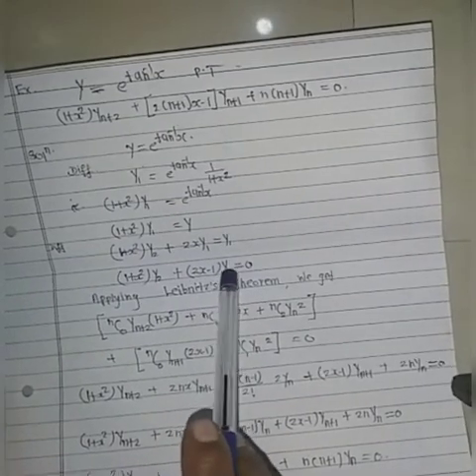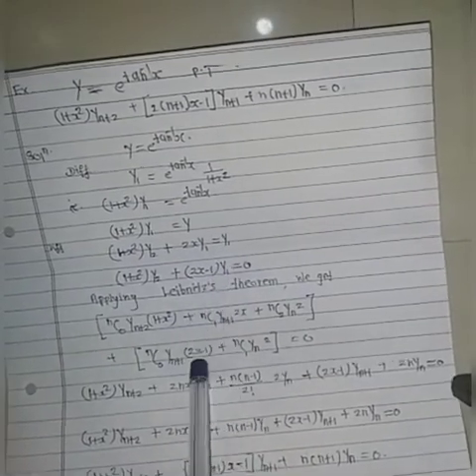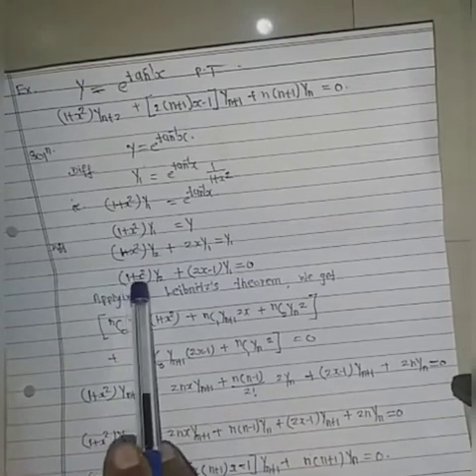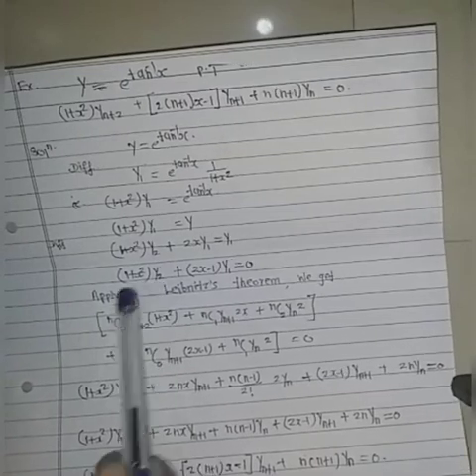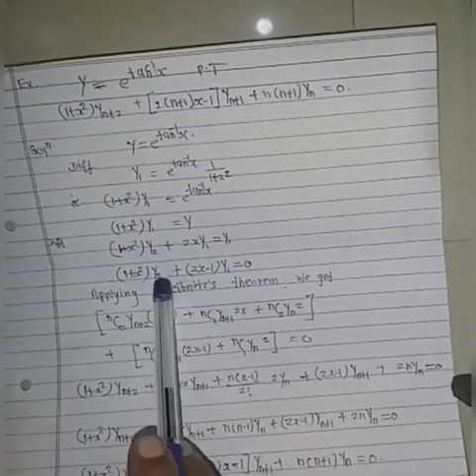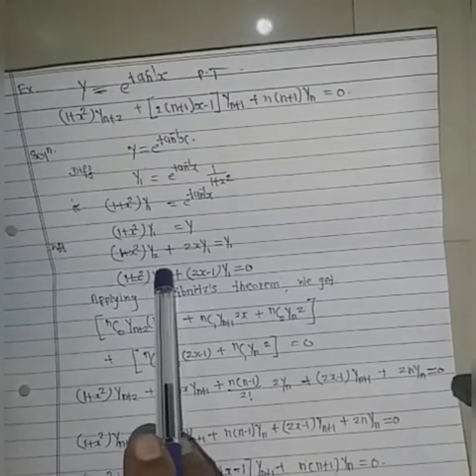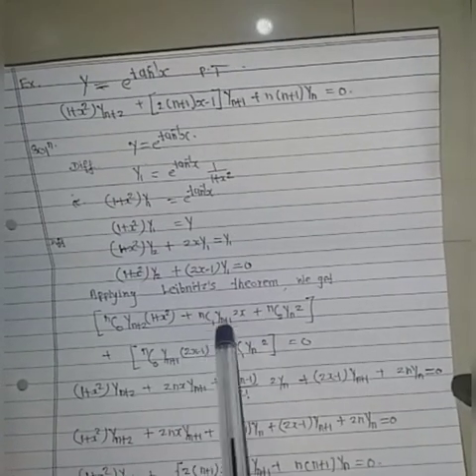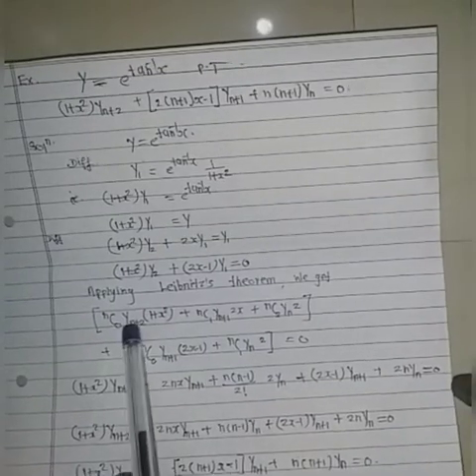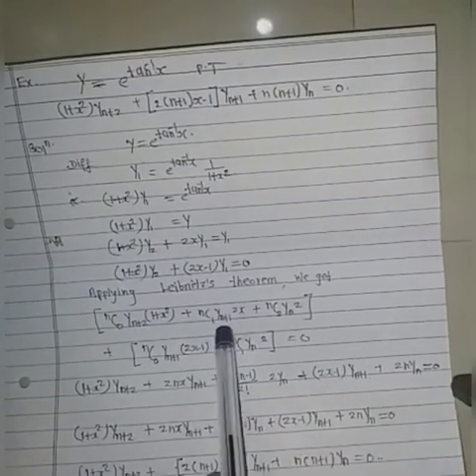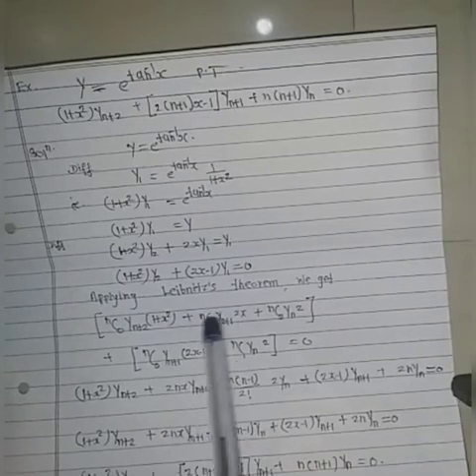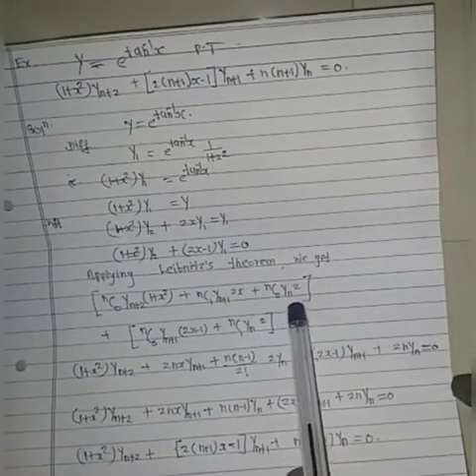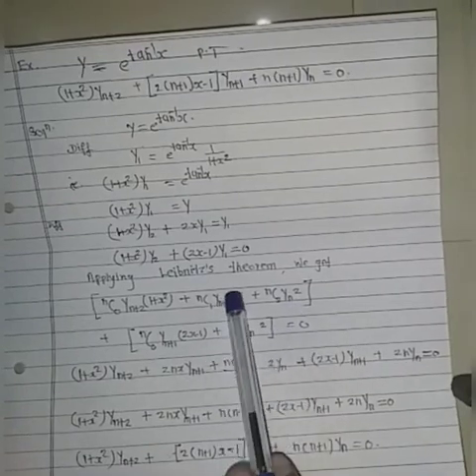Using the Leibniz theorem on the first term (1 plus x square) y2, we get nC0 u_n v, where the nth derivative of y2 is y(n plus 2), v means 1 plus x square as it is, plus nC1 y(n plus 1), taking one index less, the derivative of the bracket is 2x, plus nC2, one index less again, that is we get yn, and the derivative of 2x is 2.